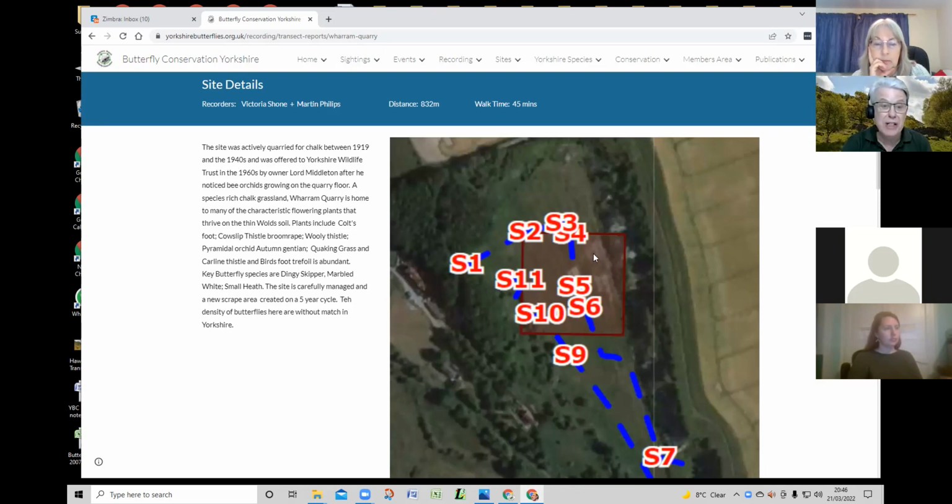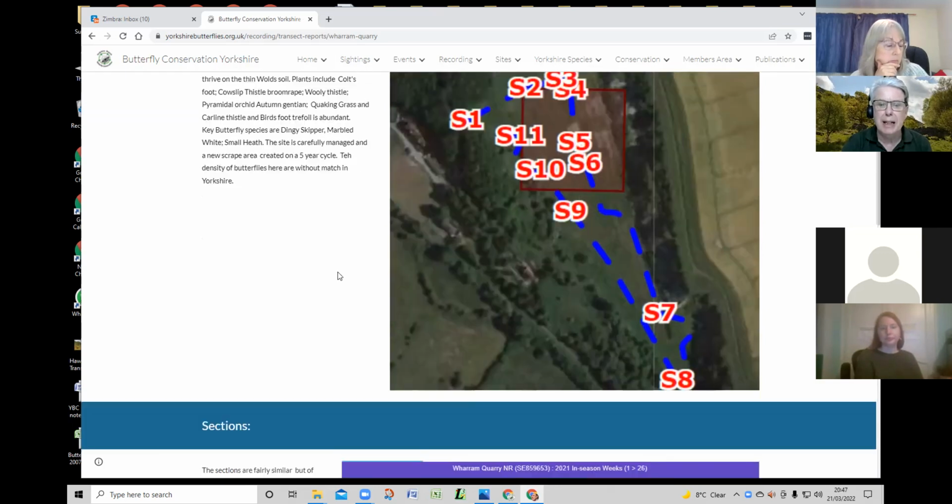It's famous for its dingy skipper, and each few years, I think it's on a 3-year cycle, a new scrape is made, roughly where my pointer is, scraping back the chalk to produce new habitat.